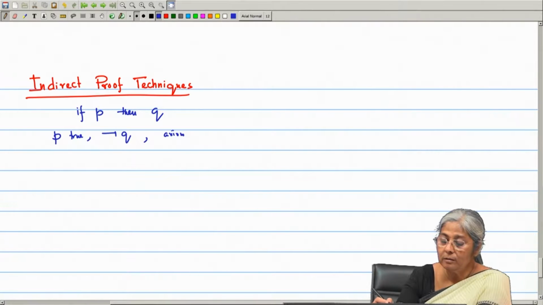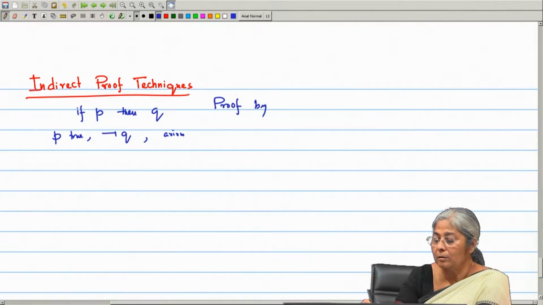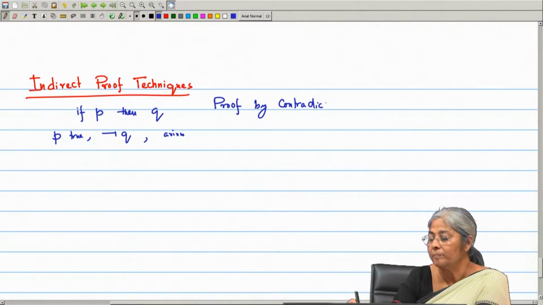So, that was the indirect technique, the proof by contradiction. Now, how do we know that the proof by contradiction works correctly?